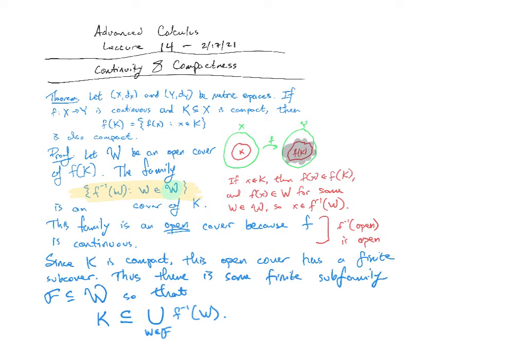Okay, so what did we do? We took our open cover of our image, we translated it back to an open cover of K. We got our finite subcover. That's this F. Right.